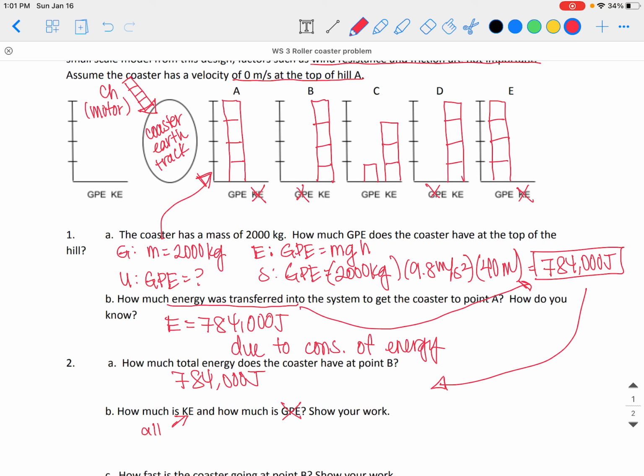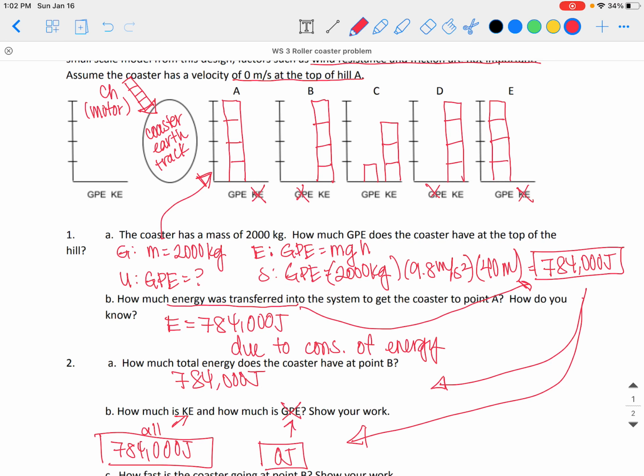So the kinetic energy is going to be 784,000 joules, and the gravitational is going to be 0 joules.